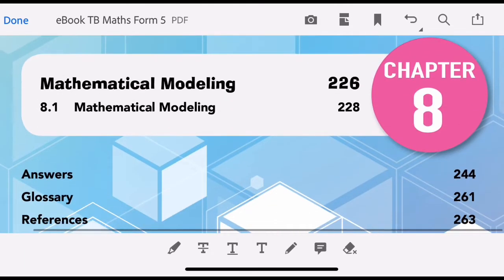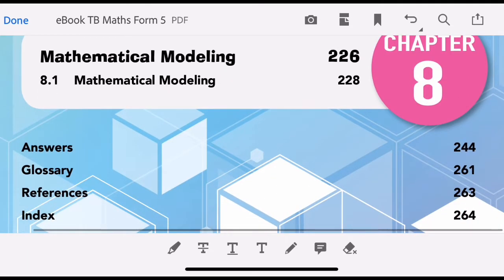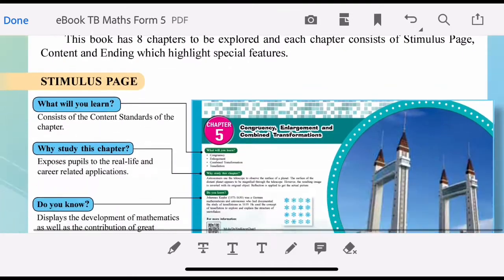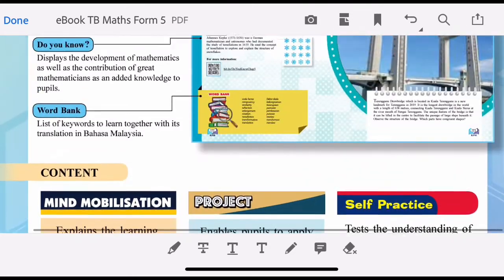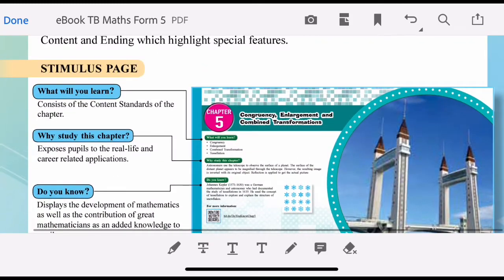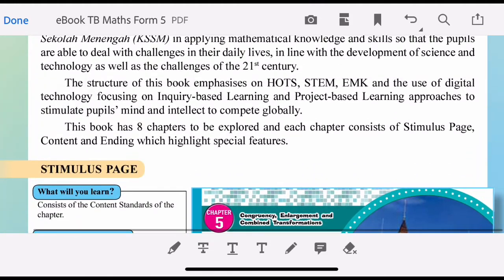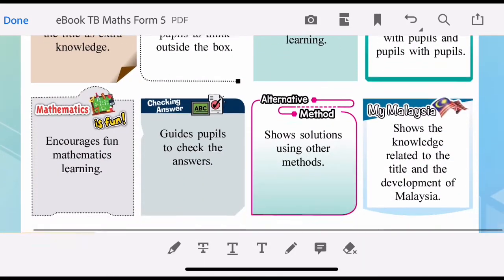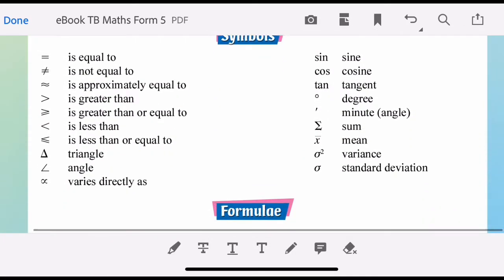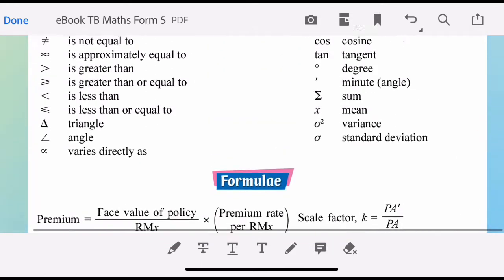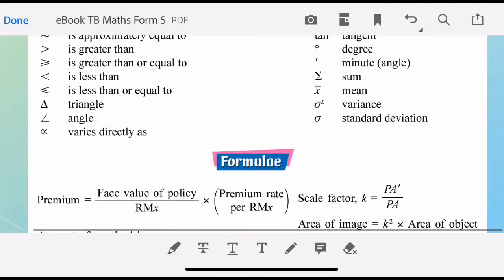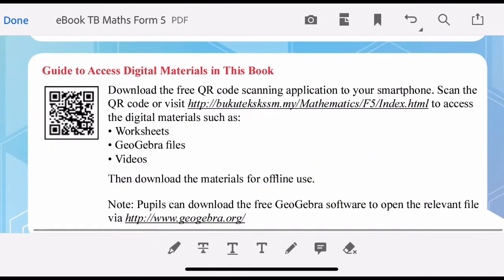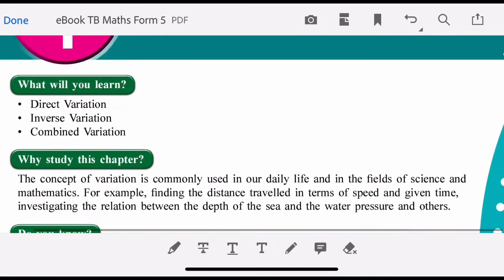Then we have statistics, we have mathematical modeling, which is also very interesting. So in short, the Form 5 syllabus sounds very interesting. The textbook is so nice, so colorful with all the information and symbols, right? And these are the formulae that you should memorize, just a few formulae.